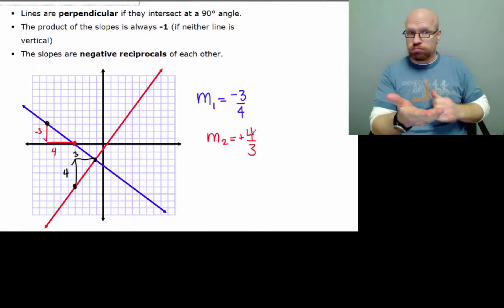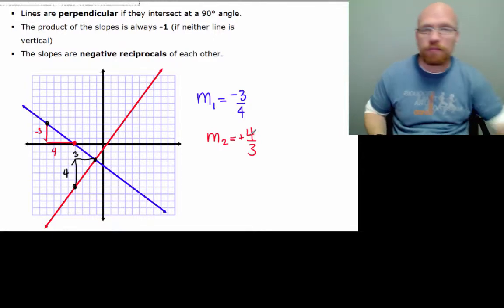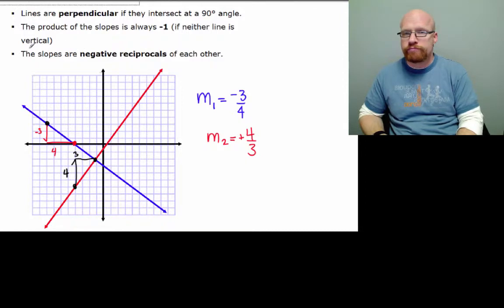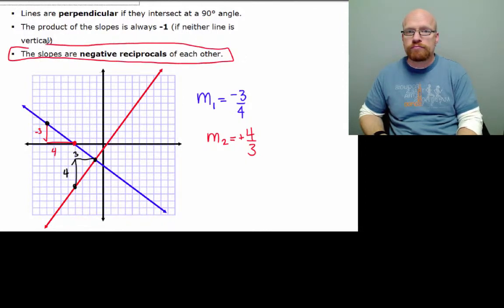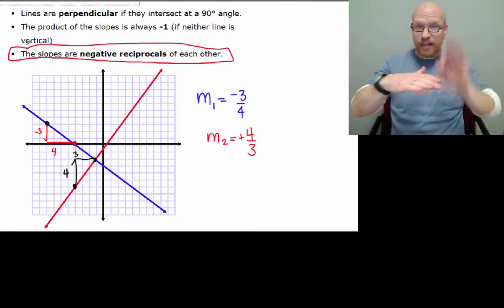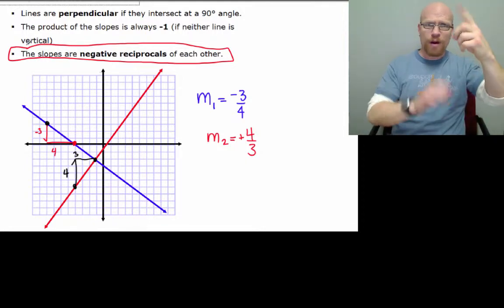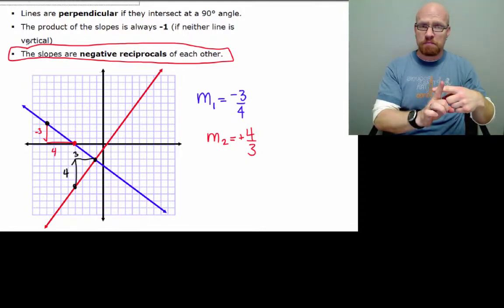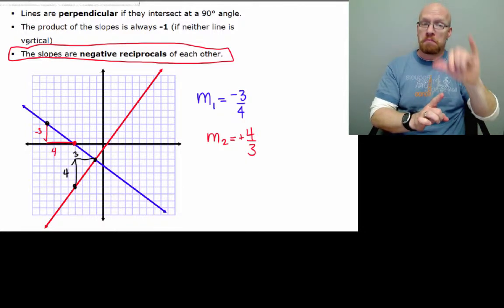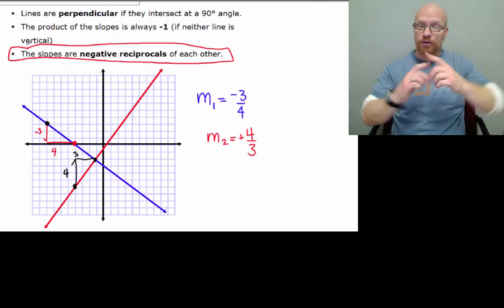So, we could look at that and see here the fractions are reciprocals of each other, and one is negative, one is positive. So for right now, that passes the test. Those two lines are perpendicular.